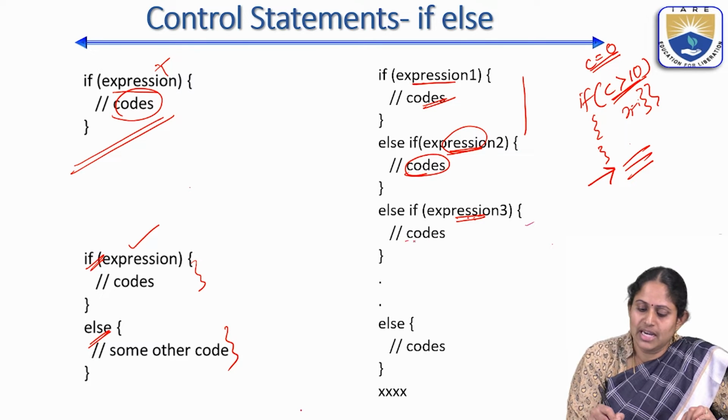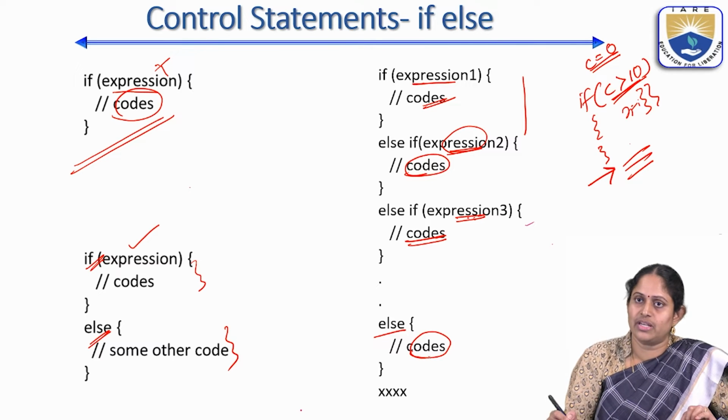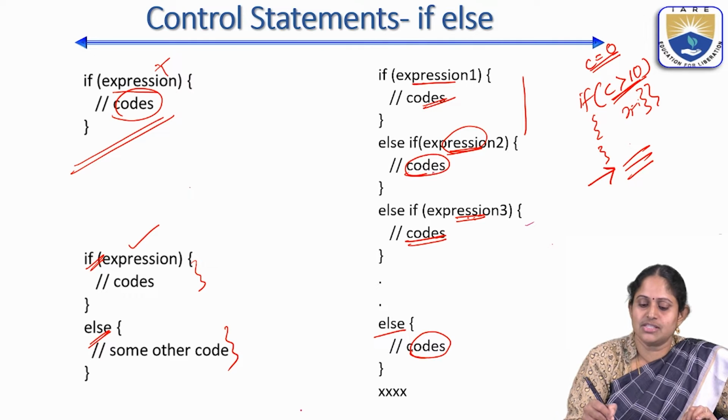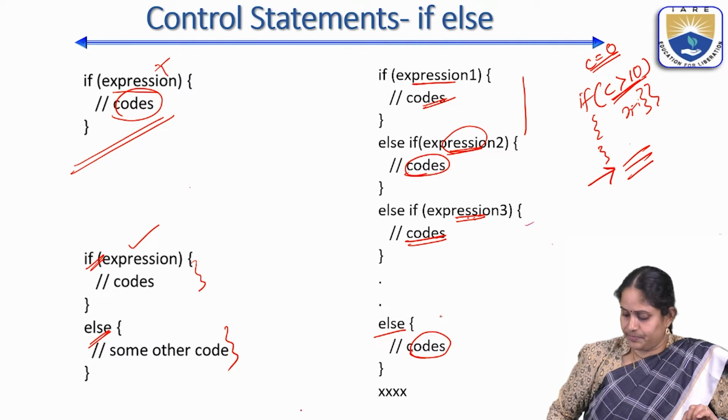If true, it will execute that part. So it goes like a ladder, and if all these conditions become false, then it will come to the else part, and whatever code is written there will be executed. So this is the if else ladder.